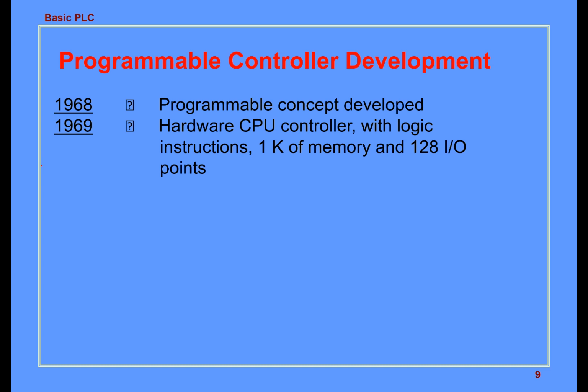Now, think about 1K of memory, how little that is. It's about 1 page of written text. If you look at it in terms of saving a Word document, it's about 1 page. The average cell phone today has about 1 gig of memory. A gig is 1 billion, a meg is 1,000,000, a K is 1,000.